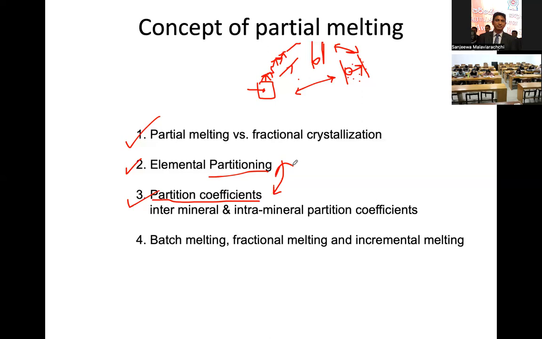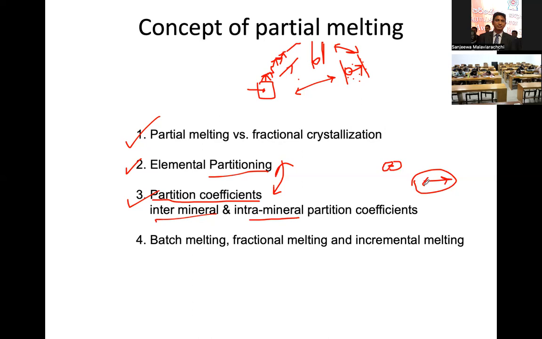Therefore, we have identified two types of partition coefficients, which are called intermineral partition coefficients and intramineral partition coefficients. Intermineral, you can easily understand, is when you have two minerals together, and partitioning happens between those two minerals. But intramineral means within a single mineral. Inside a mineral also, there is possibility for this elemental partitioning, for example zoning.